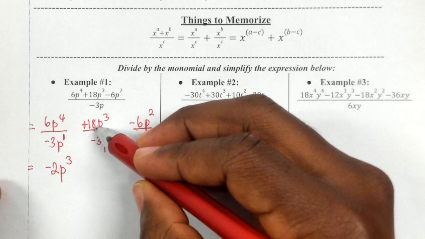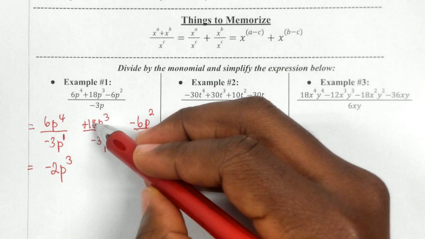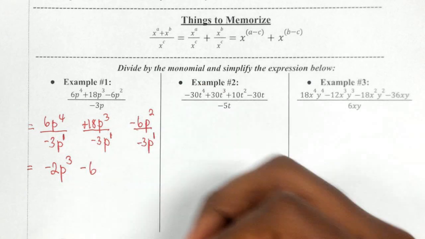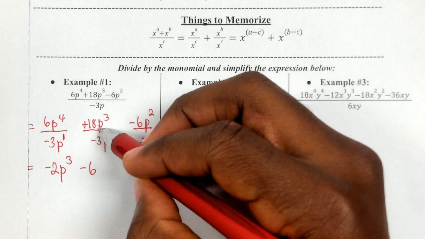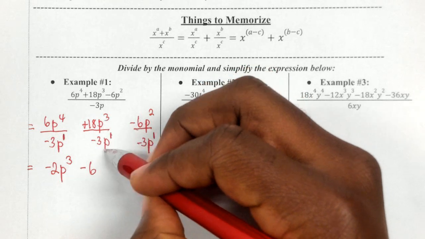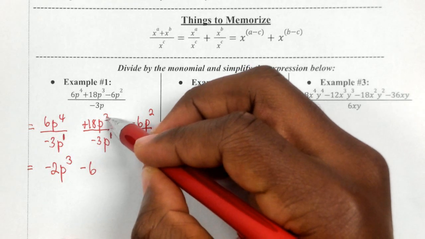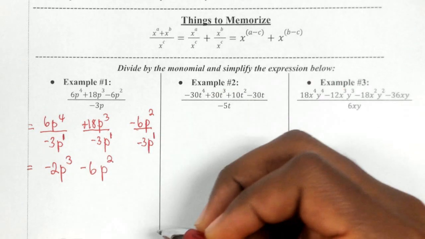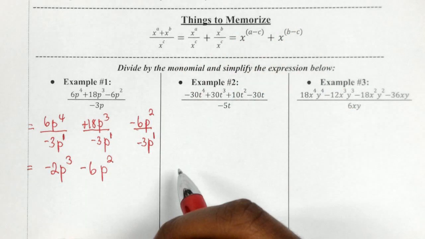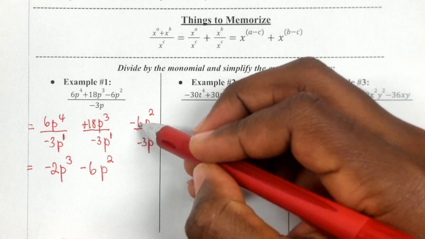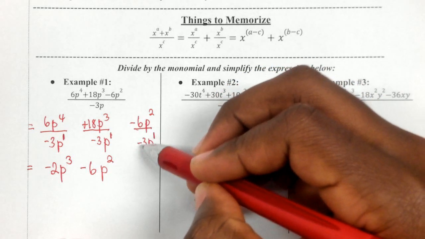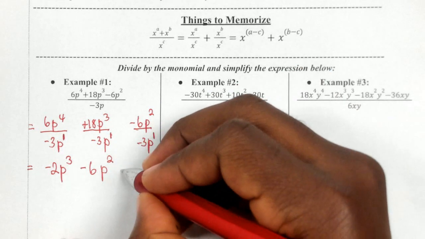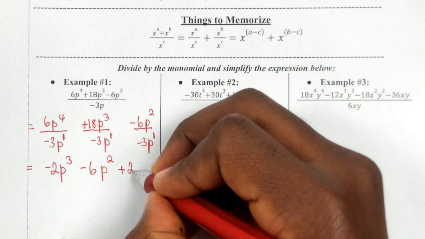Now I'm going to do positive 18 divided by negative 3, and I will get negative 6. I have 3 p's at the top, 1 at the bottom, so 3 take away 1 leaves me with 2. Now negative 6 divided by negative 3, and negative divided by negative gives me a positive 2.